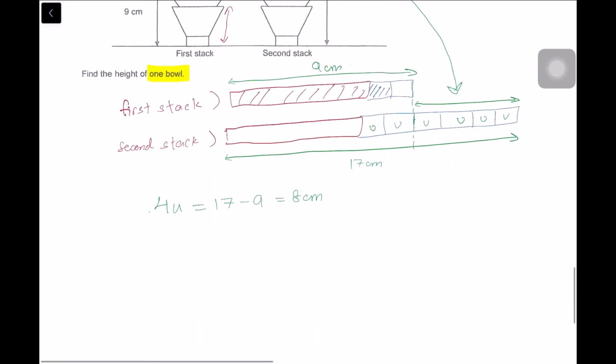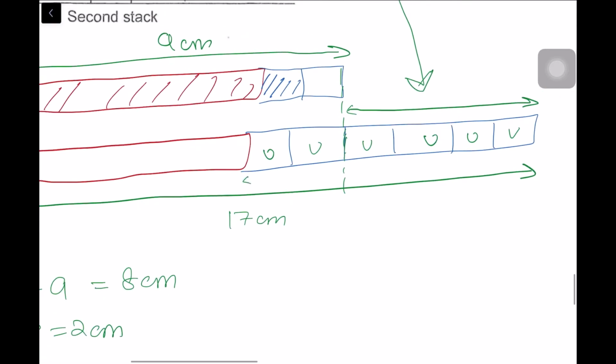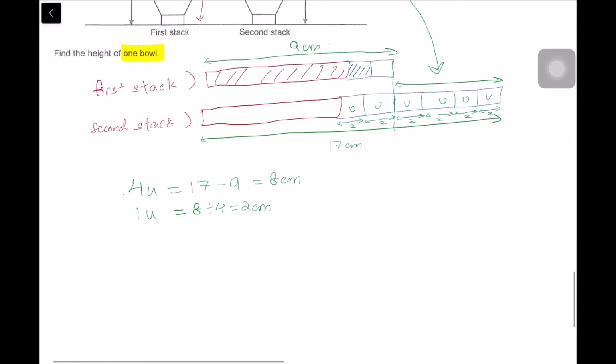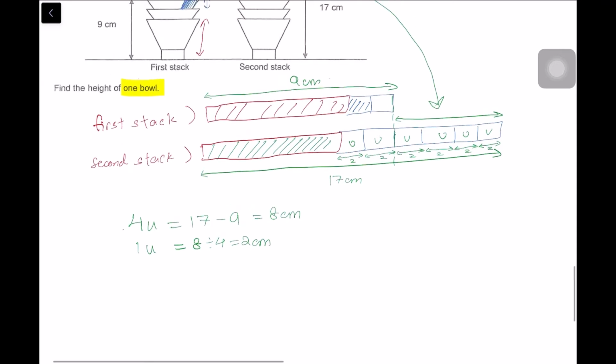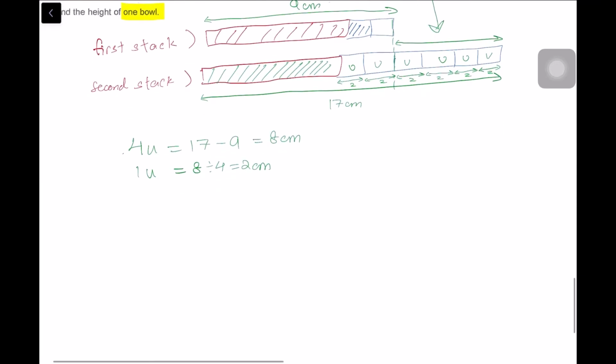So this implies that 1U would be 8 divided by 4, which gives us 2 cm, right? So if I just draw it out, this is 2, this is 2, this is 2, this is 2, this is 2, and this is 2. So now we have to find the height of one complete bowl, right?